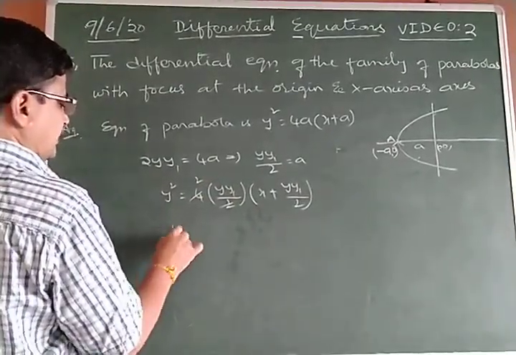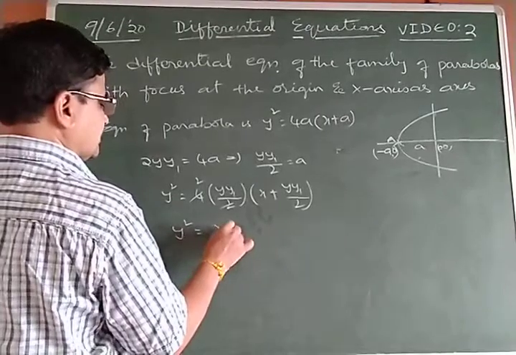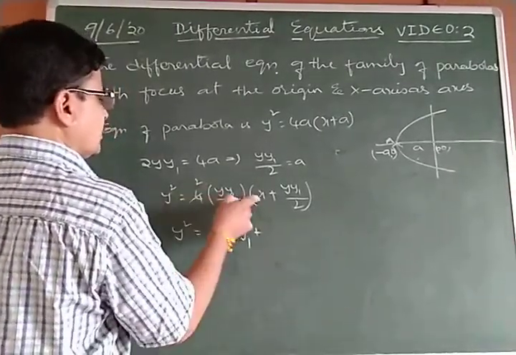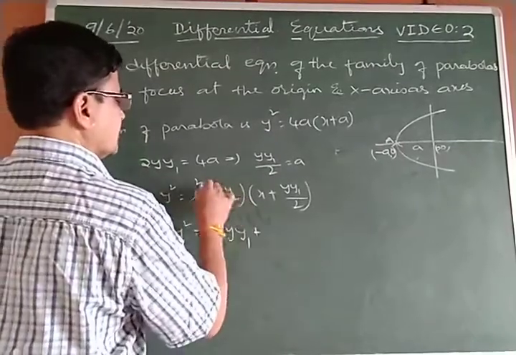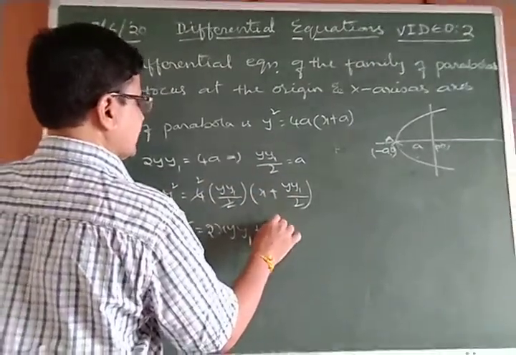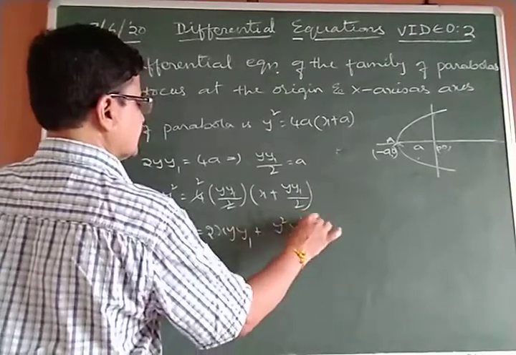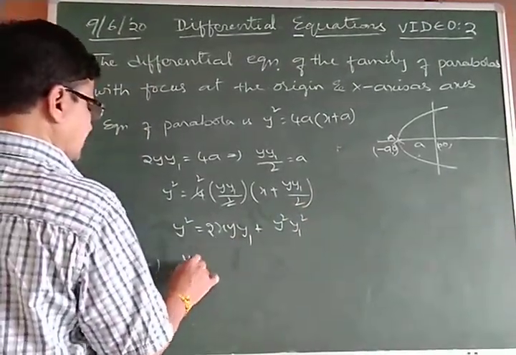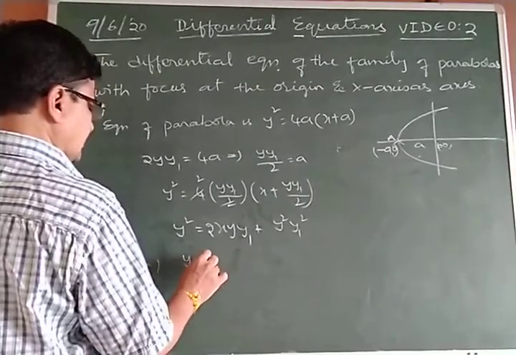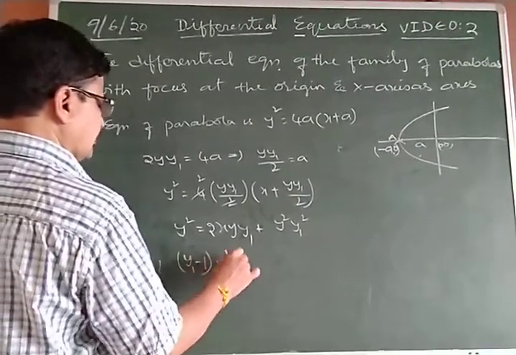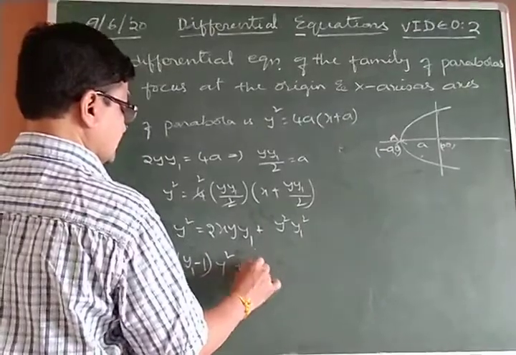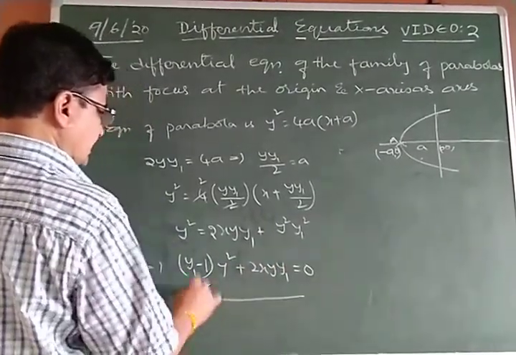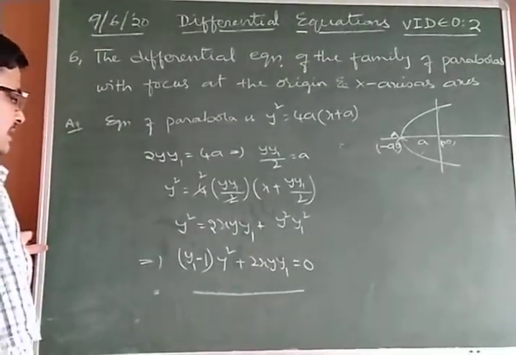Then we get the equation y1 minus y1 minus 1 into y square plus 2xy into y1 is equal to 0. This is the required differential equation.